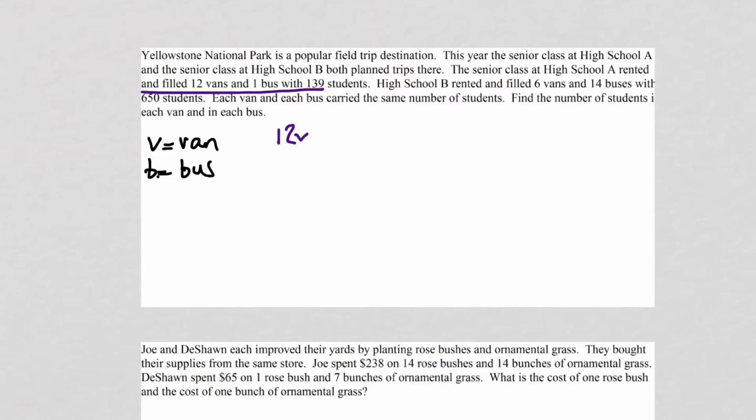So that's 12V plus 1B, and that carted 139 students. The next one talked about 6 vans and 14 buses with 650 students. So 6V plus 14B for 650 students.